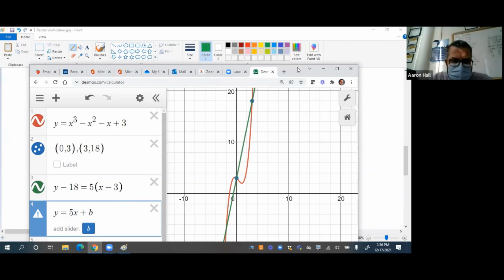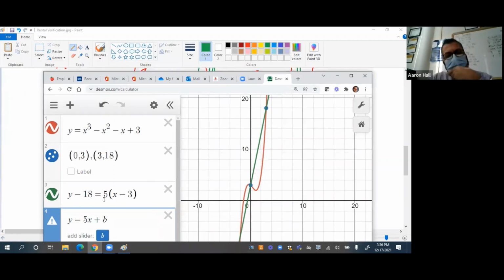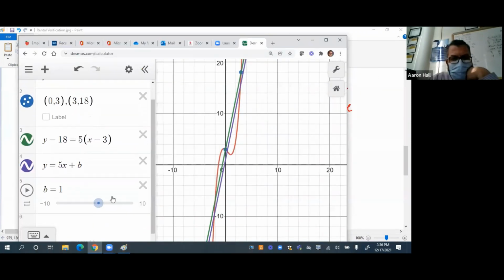We know what our x value is. I think I'll just make this a slider. So we're looking at a point approximately here, right?